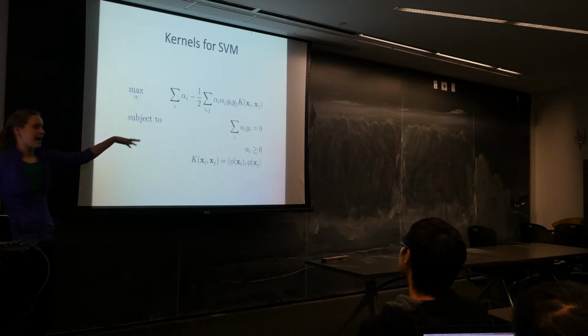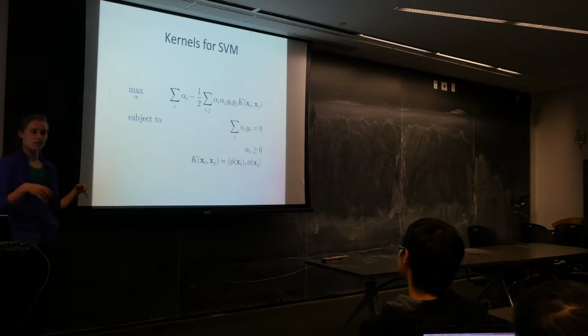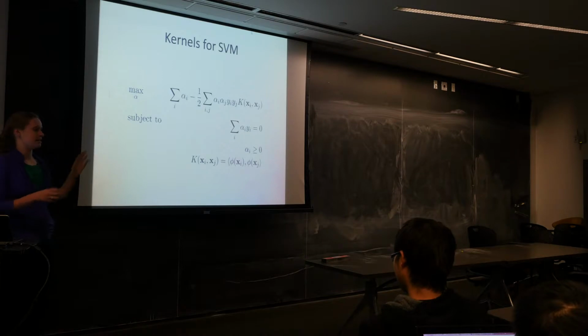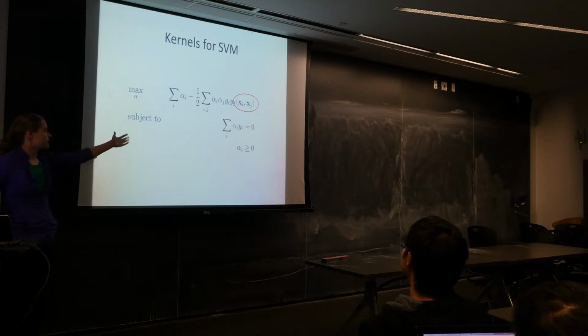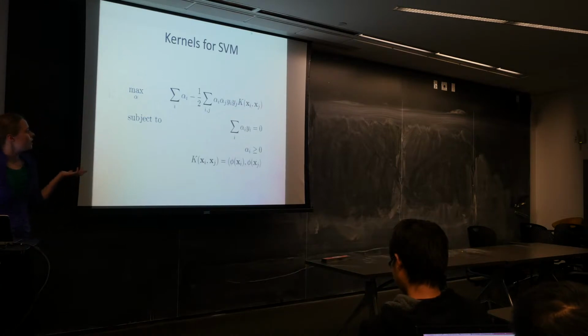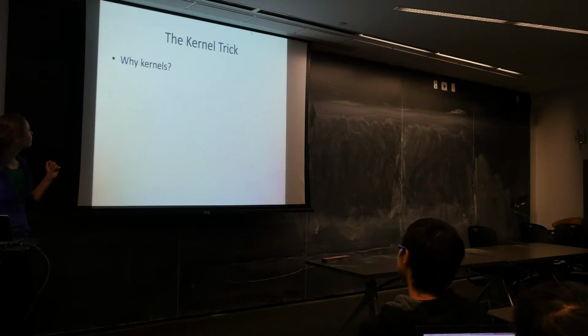This gets back to the point of why you don't want to explicitly compute this mapping phi, because all you need is the dot products of phi x and phi z. Wherever you would have the dot product of xi and xj, just replace that with the kernel function applied to xi and xj.